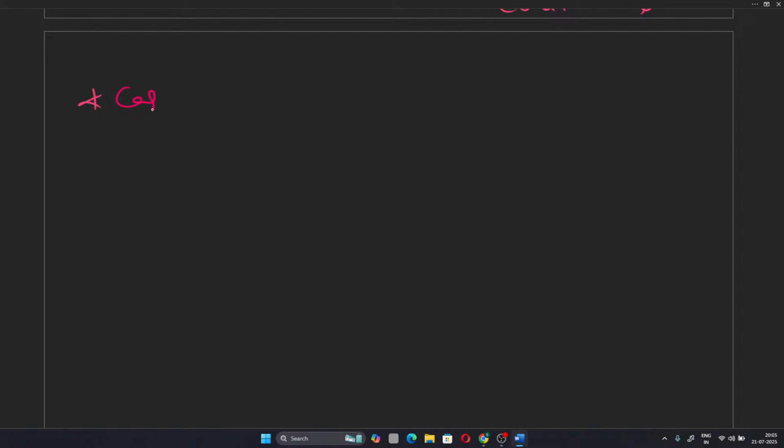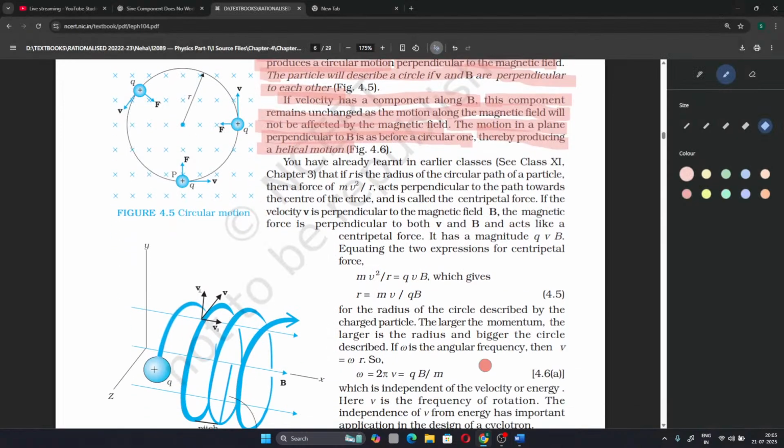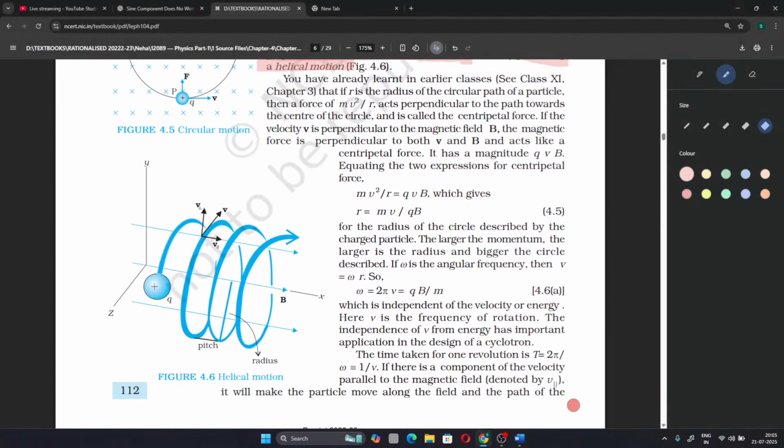Now case 2, where theta is greater than 0 and less than 90 degrees.